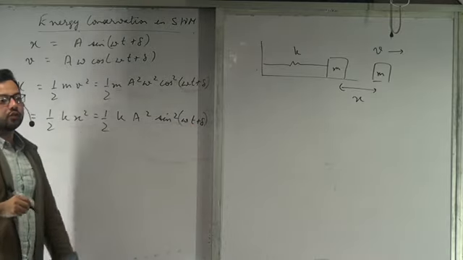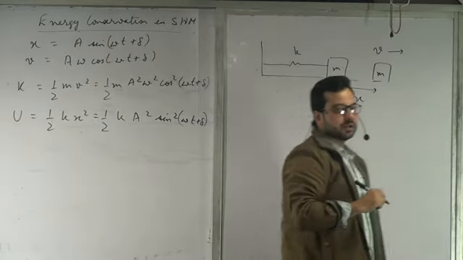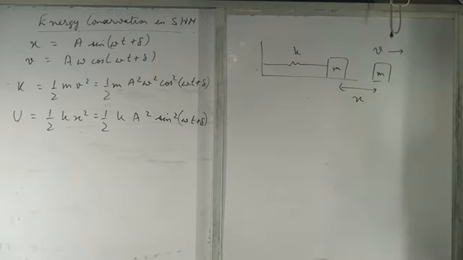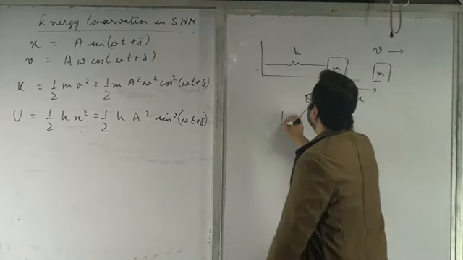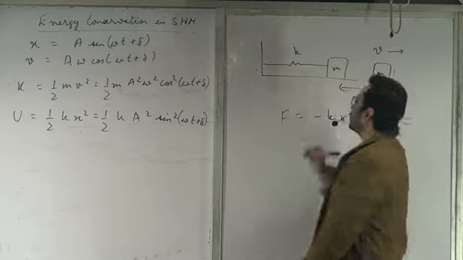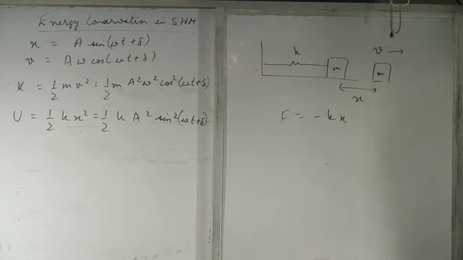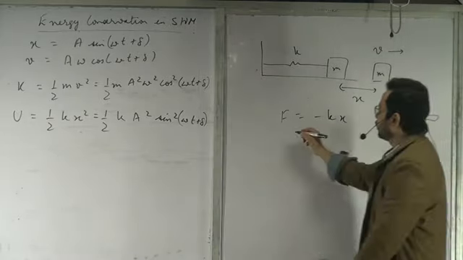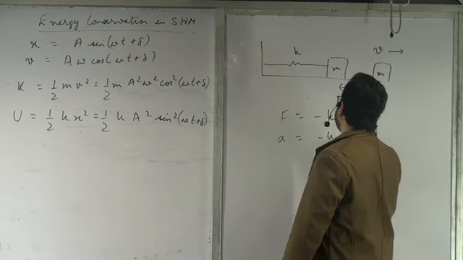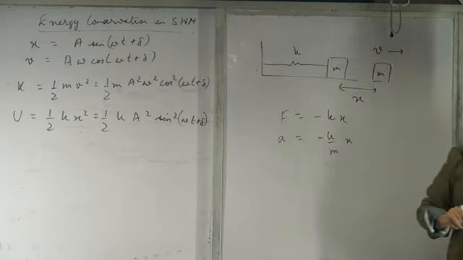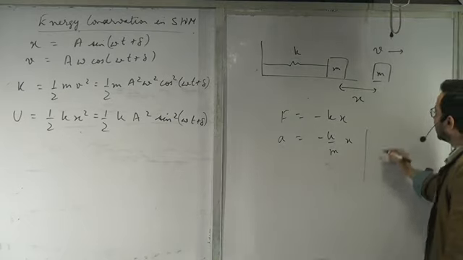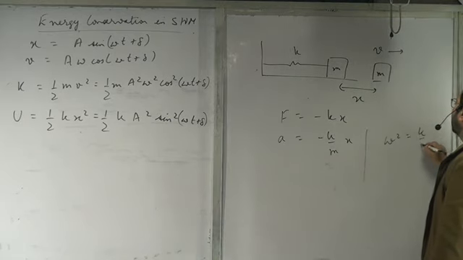Now we can also find out the relationship between omega and k. How do we find that out? What will be the force equation for SHM? It will be F is equal to minus kx. So can I say a is equal to minus k by m into x? And if you remember, we substituted omega square for k by m.